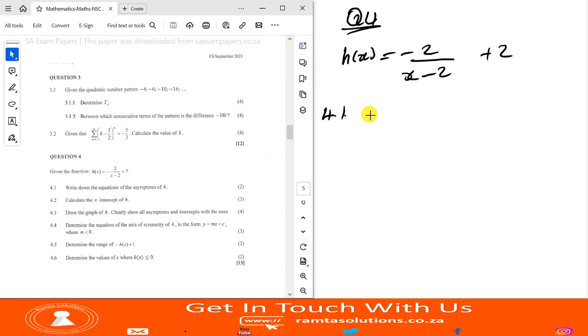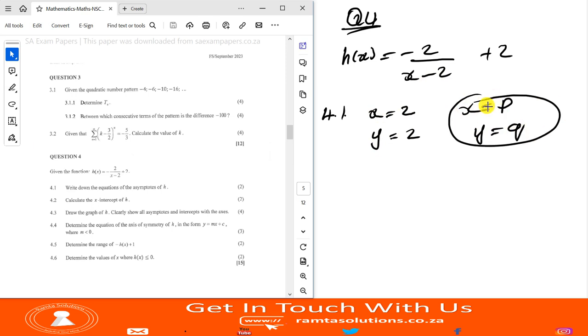They are x equals 2 and y equals 2. Remember, they are x equals negative p and y equals q. As you can see, the p value here is negative, and when you look at this, it tells you this function is shifting 2 units to the right.